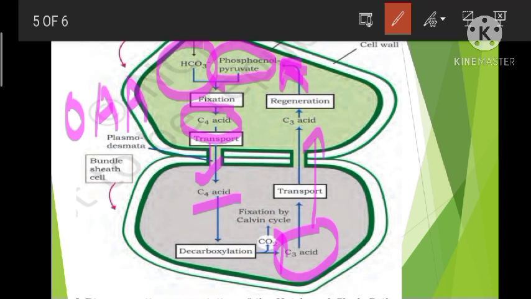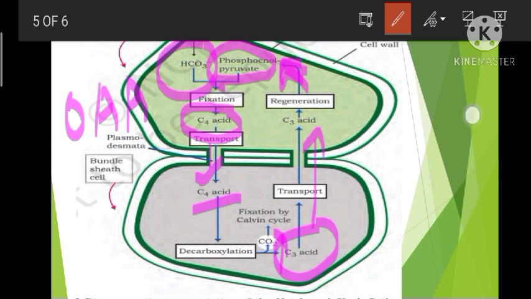So from this you can find out that even though we call it the C4 pathway, the main biosynthetic pathway by which food is synthesized is the C3 pathway, and that occurs in the bundle sheath cell. So this is how the C4 pathway takes place in C4 plants.